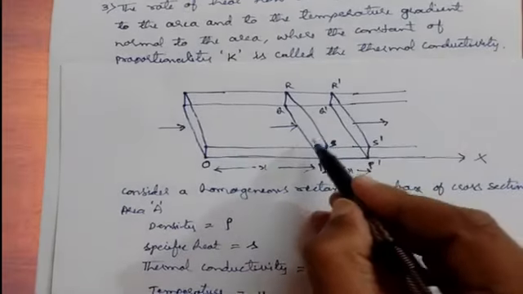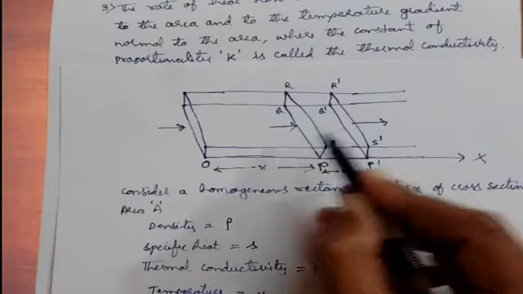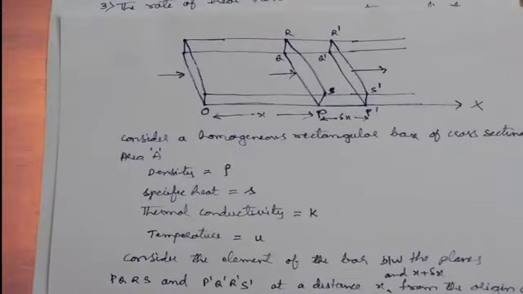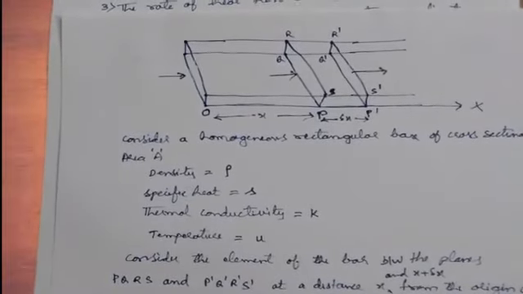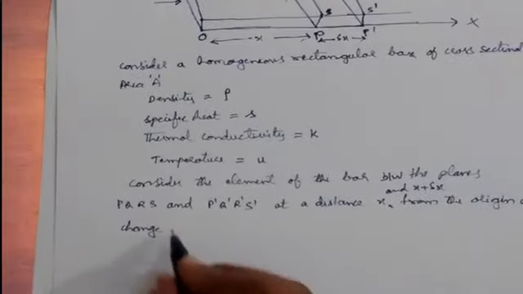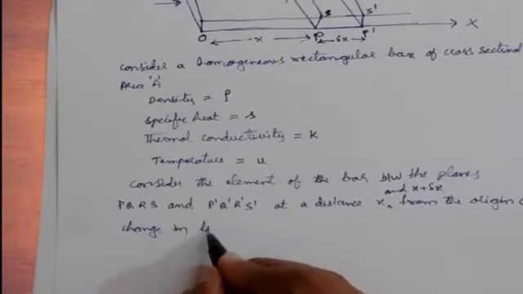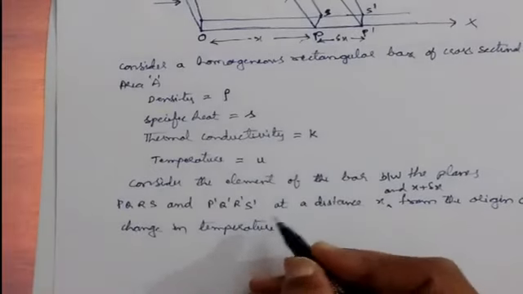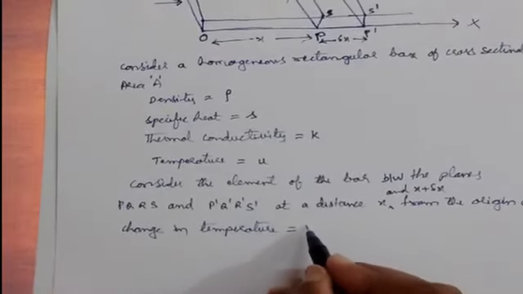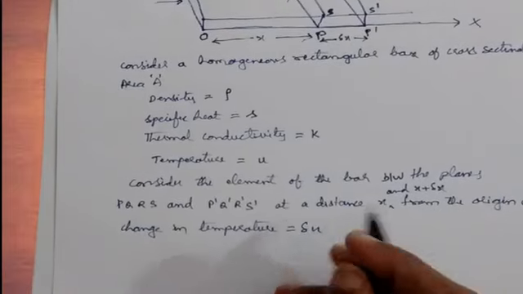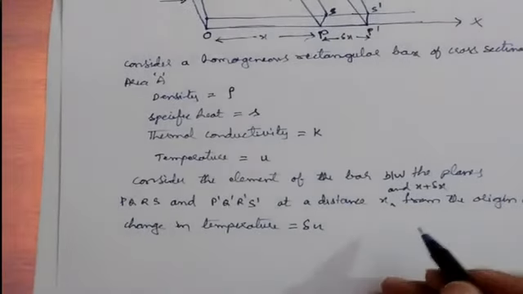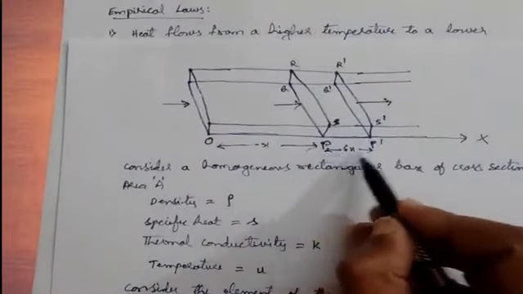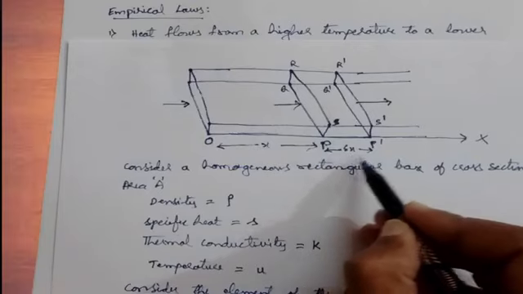So the change in temperature between this slab to this, between this rectangular region to this rectangular region, we are taking as delta U. Now this change in temperature delta U takes place in this region only, in this region of delta x.